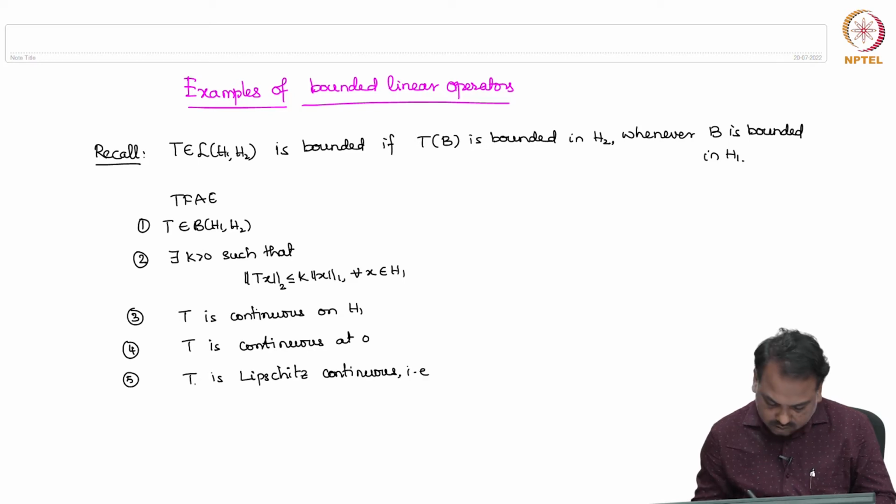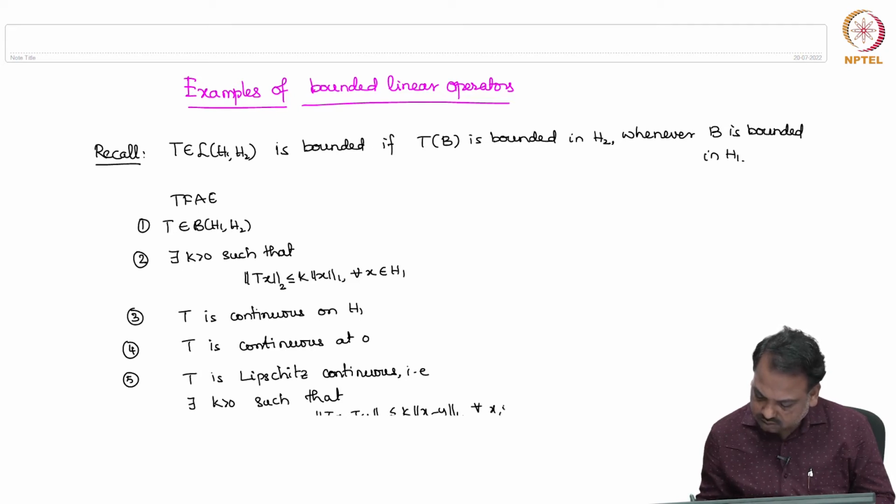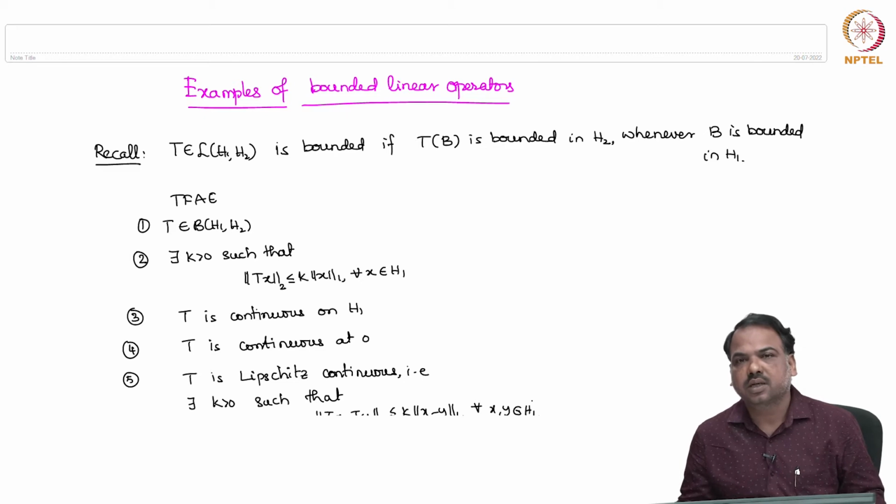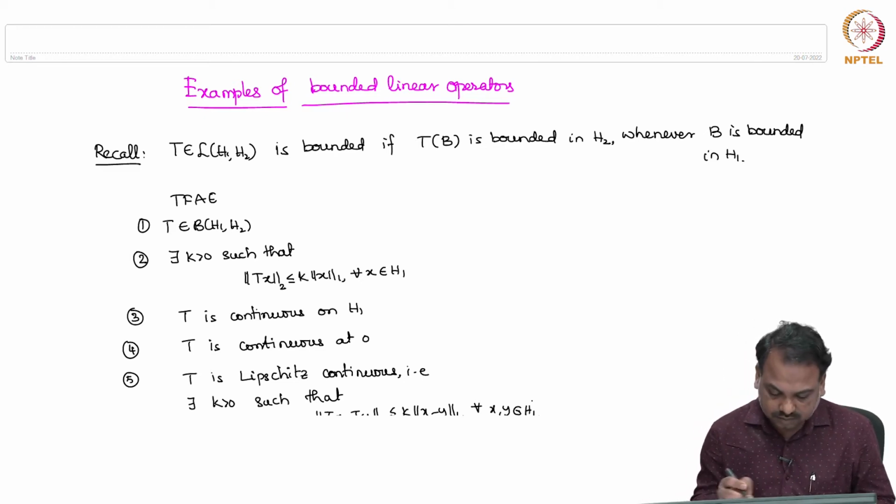That means there exists some constant K such that norm of Tx minus Ty is less than or equal to K times norm x minus y for every x, y in H1. These are the five equivalent conditions we have seen for an operator to be bounded.